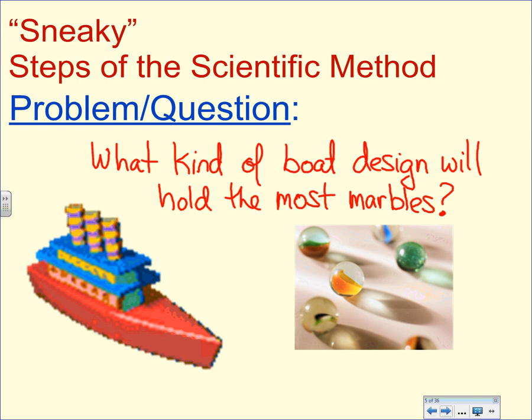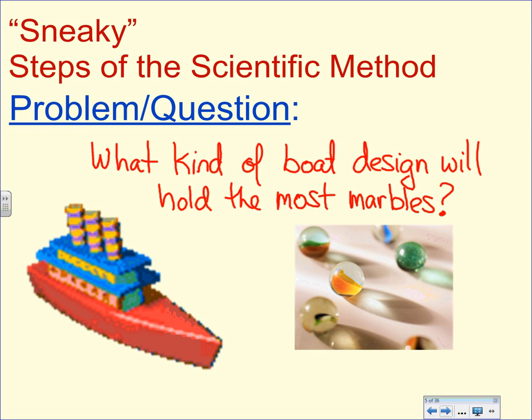Now immediately, when I put that slide up there with the contest, what did your subconscious brain do? What do you think your subconscious brain started to think about? Elise? The possibilities of what would happen. Right. But what were you thinking about? If you're trying to solve the problem, what kind of boat design will hold the most marbles?